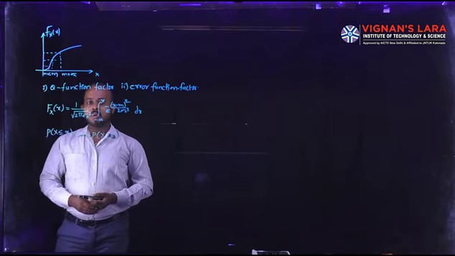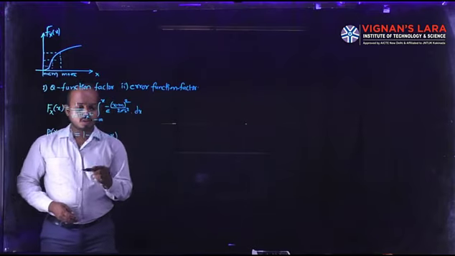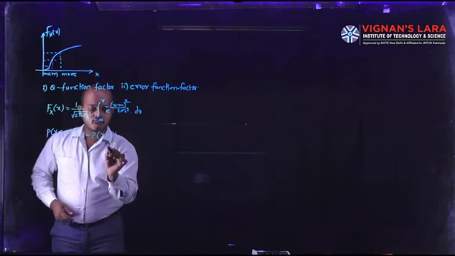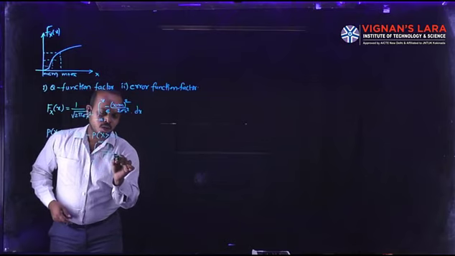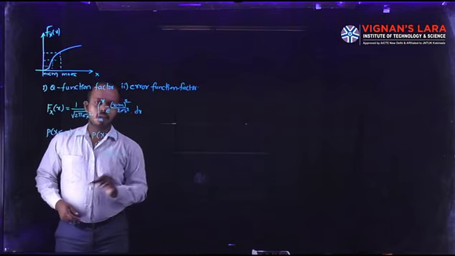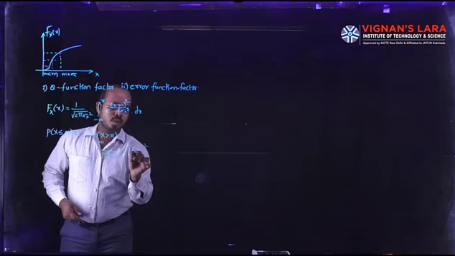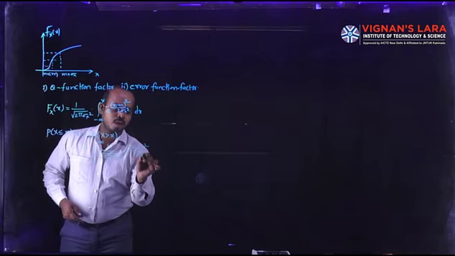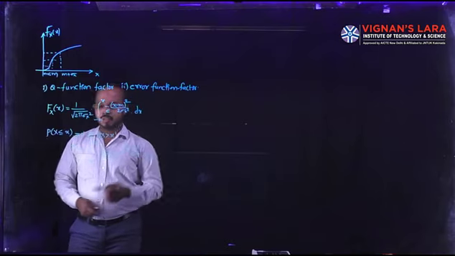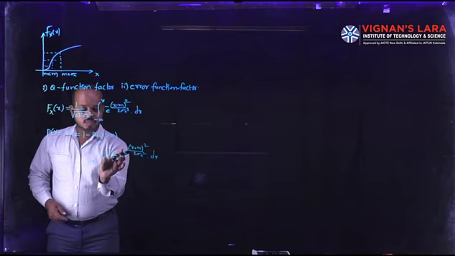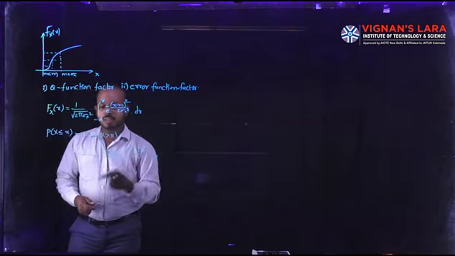The remaining function is the same function we rewrite here: 1 by square root of 2 pi sigma x square into e power minus x minus m whole square divided by 2 sigma x square into dx. In this term, the constant term we write separately before the integration, and the remaining term we apply the integration to.